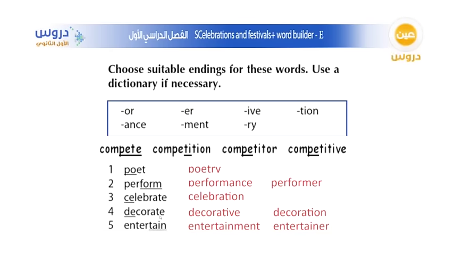Let's ask Mr. Computer to give us the answers. So, we've got poet, poetry. And we've got perform, that's performance, or another noun, that's performer. We could build two words, performance and performer.